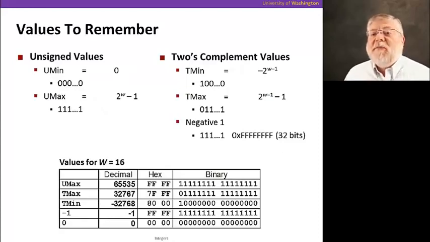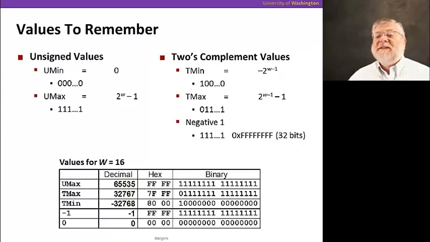Okay, some values to remember when we're thinking about integers: for unsigned values, we have a special value called umin, which is the smallest number we can represent. That's 0, the bit pattern of all zeros, and the maximum, umax, the unsigned max, is all ones, obviously, and that would correspond to 2 to the w minus 1. While in 2's complement, tmin, the 2's complement minimum, is the biggest negative number we can have, which would be the pattern of 1 followed by all zeros.